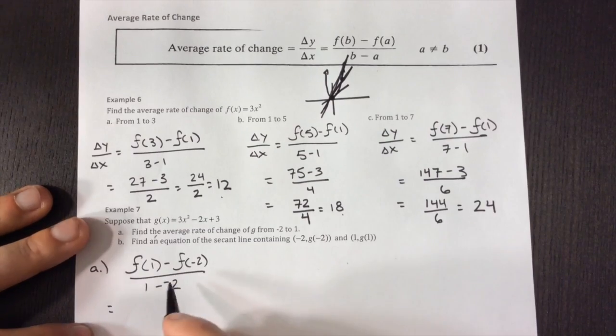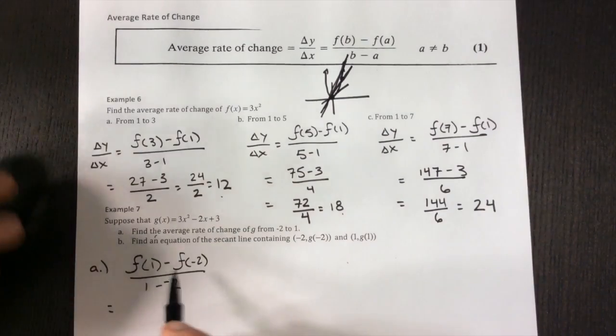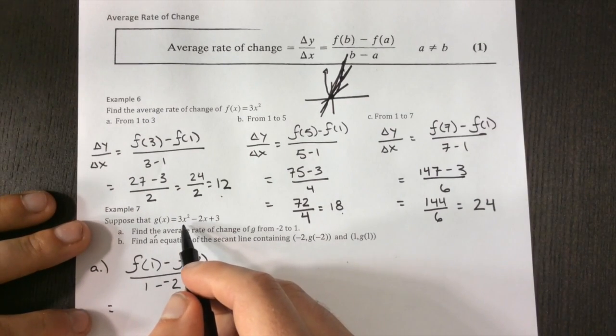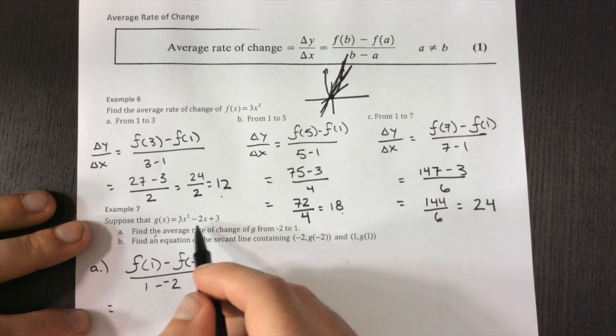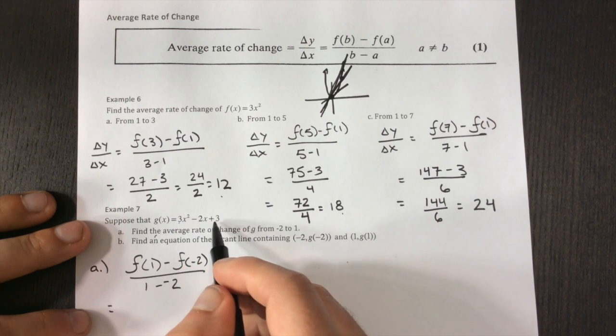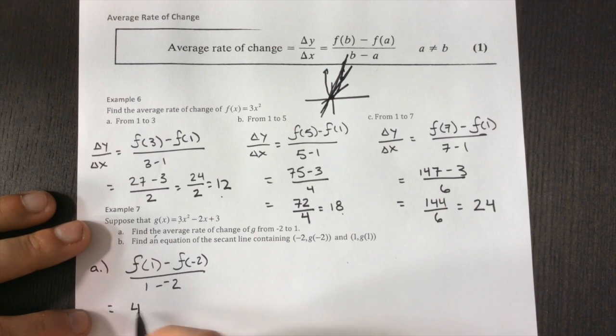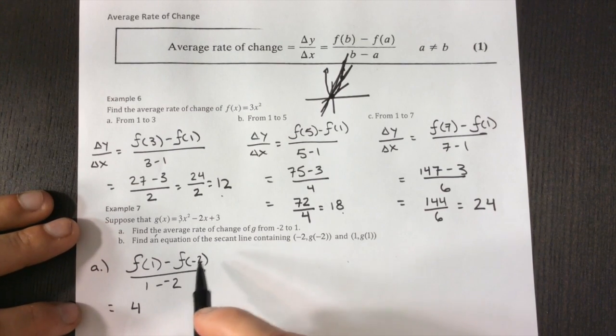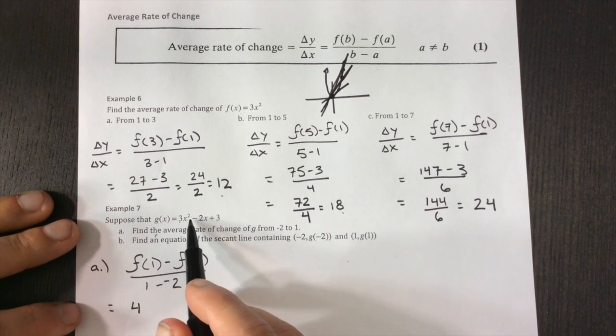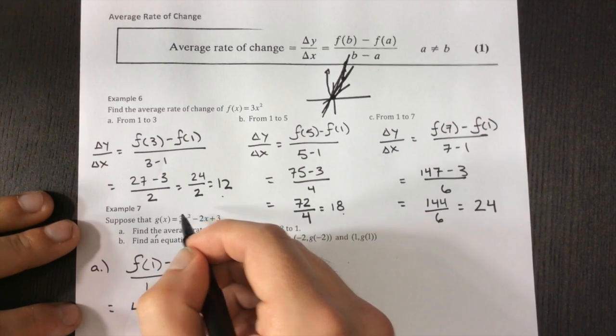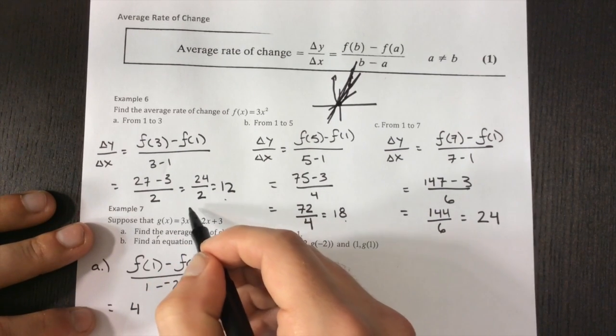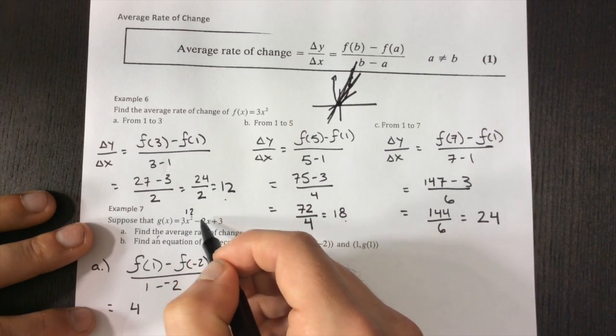So that average rate of change, or that slope, f of 1, we're going to plug in, is 3 times 1 minus 2 times 1 plus 3. So 3 minus 2 plus 3, which is 4. And then we're going to do negative 2, which is 3 times negative 2 squared, which is 3 times 4, 12.